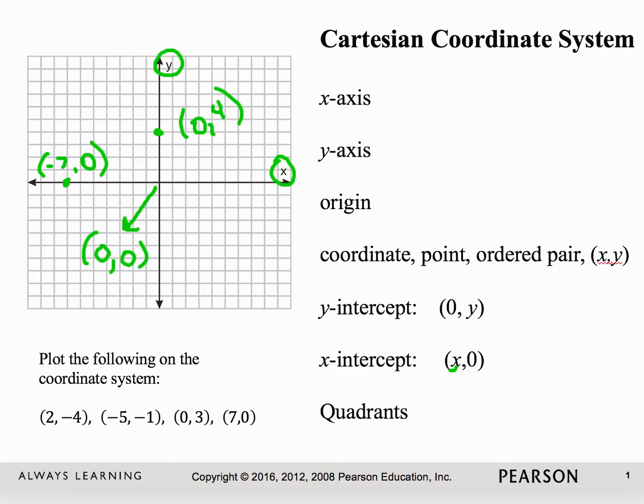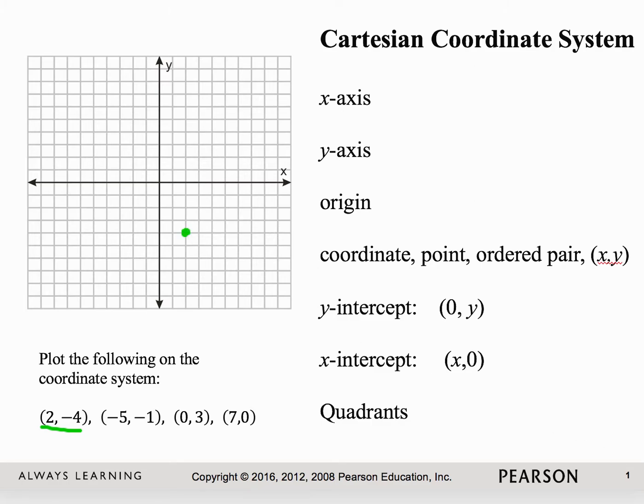Okay, so it says plot these points on the coordinate system. So remember, x comes first. You always start at the origin. Another word for origin is the beginning. This is where you always begin when you're plotting points. So if I go over to where the x is 2, and then down 1, 2, 3, 4, that's where y is -4.